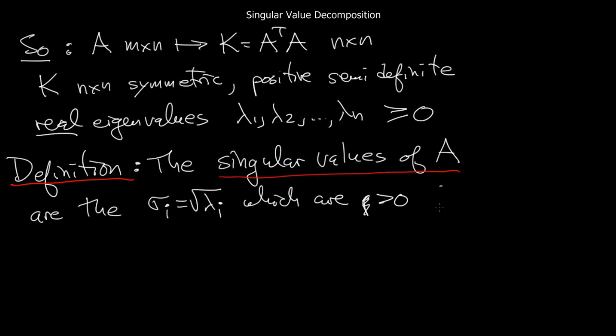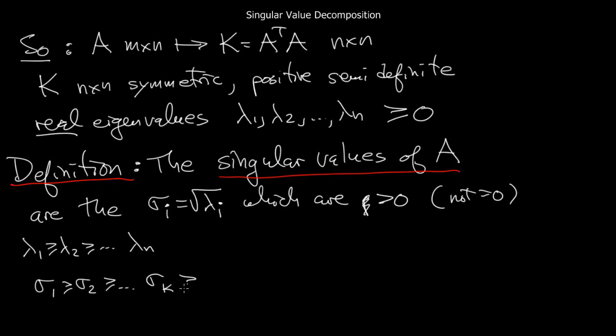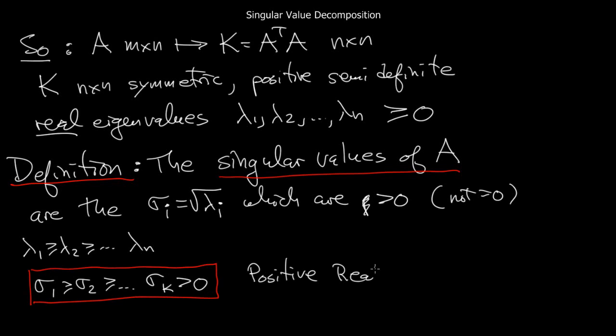They're usually labeled sigma i, and you take the lambdas which are strictly positive, and you take their square roots. And it's standard to order these in decreasing order. So you have sigma 1 is greater than or equal to sigma 2, and so on. And there might not be n of them. So the singular values are some smaller number of sigmas, up to n sigmas, all of which are positive real numbers.